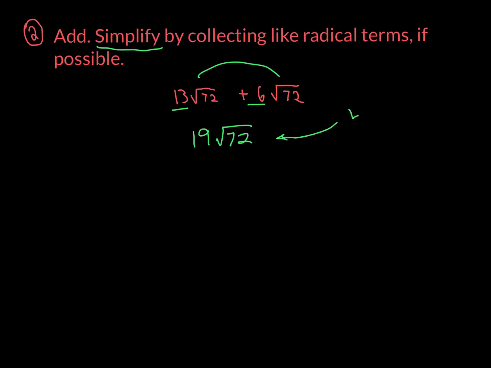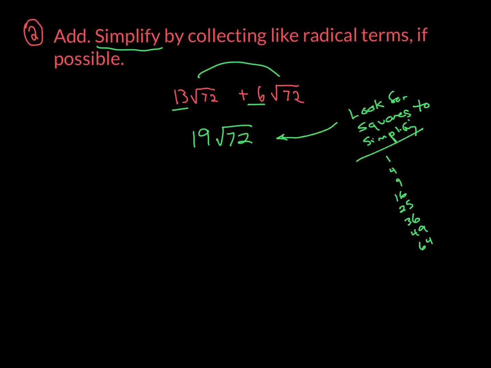So look for squares to simplify. So again, list the squares. 1 squared is 1, 2 squared is 4, 3 squared is 9, 16, 25, 6 squared, 36, 7 squared, 49, 8 squared, 64.